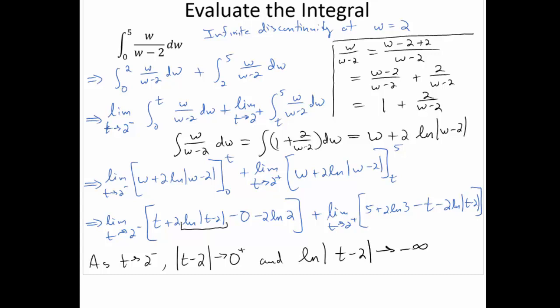So what that tells us is that this part right here will not converge. That first limit does not converge. So then the integral from 0 to 2 of w over w minus 2 dw does not converge.